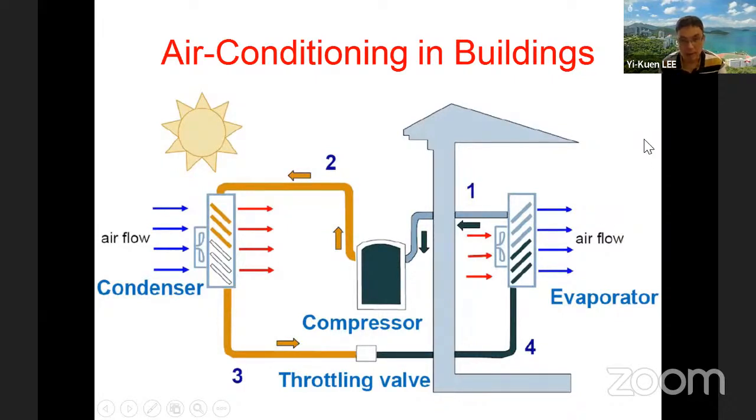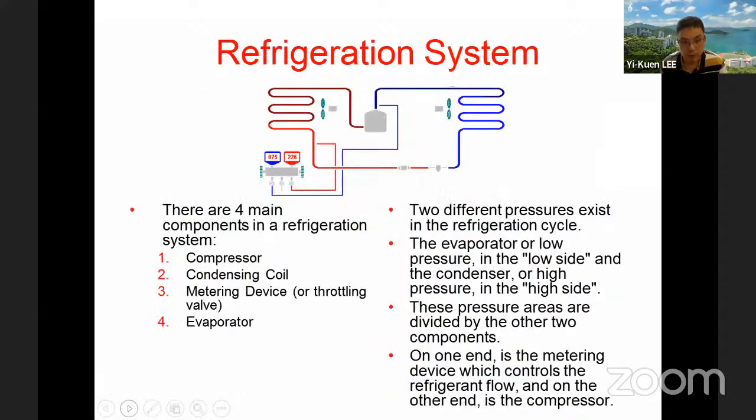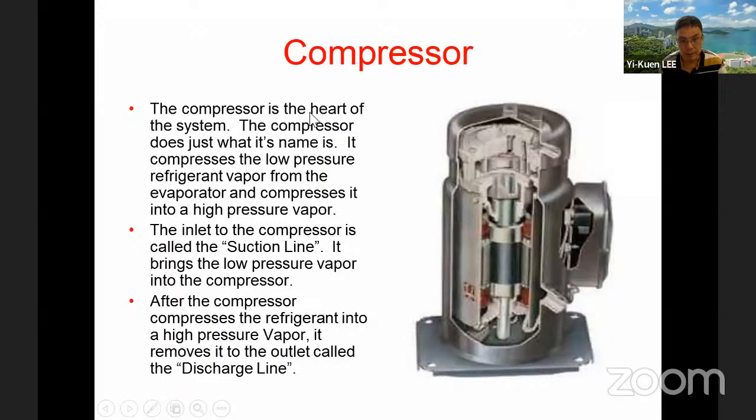Again, according to our first video, there are 4 key components, 1, 2, 3, 4, and we try to describe each component in a little more detail. Even an air conditioning system or refrigeration system has the same 4 key components.